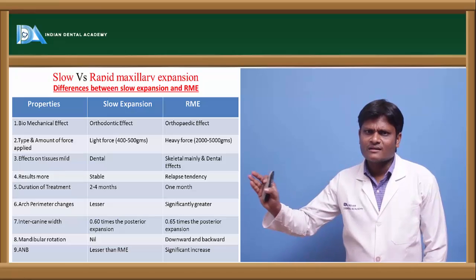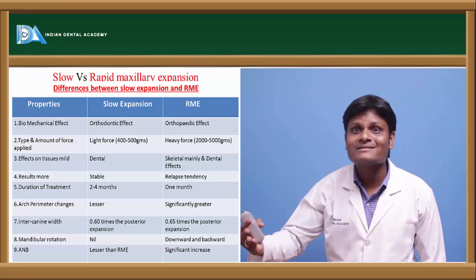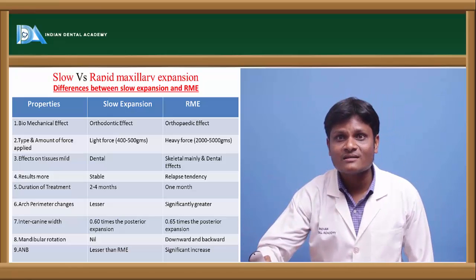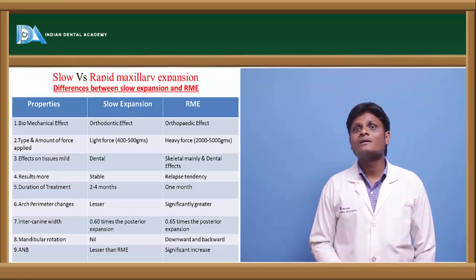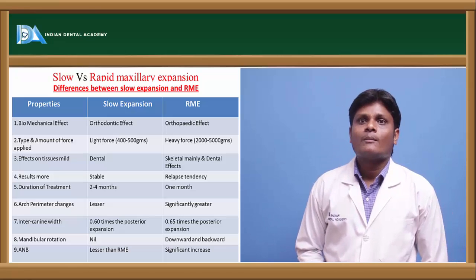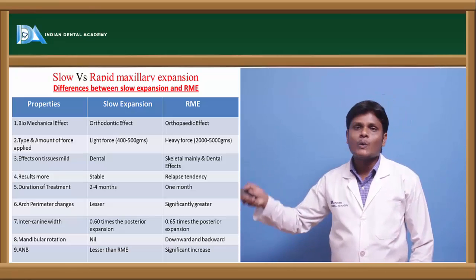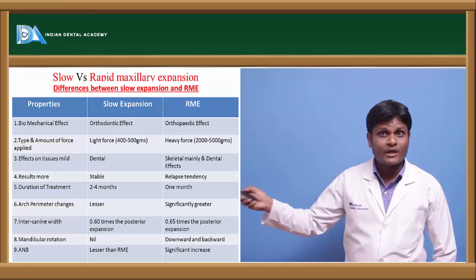So there are fewer changes in slow maxillary expansion, whereas a significant increase in the A and B, or class 2 tendency, is seen in cases undergoing rapid maxillary expansion because of downward and backward rotation of the mandible. So these are the main differences between slow and rapid maxillary expansion, and you can make a note of it.